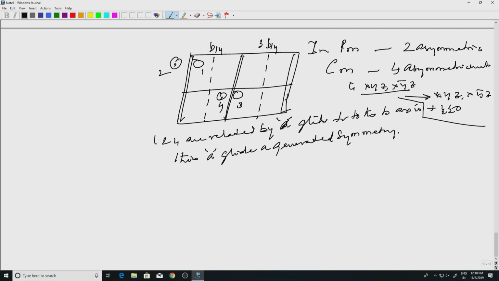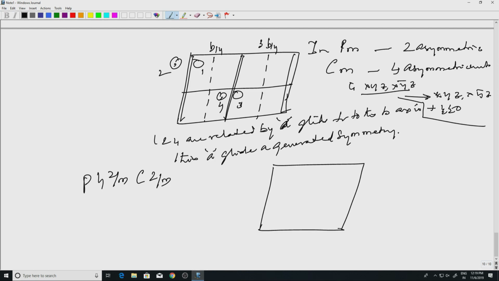Now we will go to C2 by M. Again the point group is 2 by M. The two-fold is along the B axis and a mirror perpendicular to B. So you get it here.